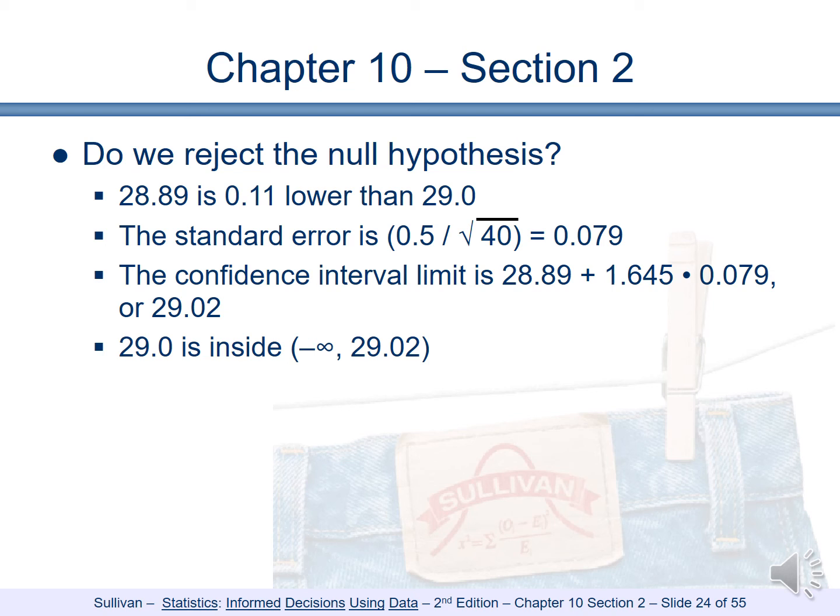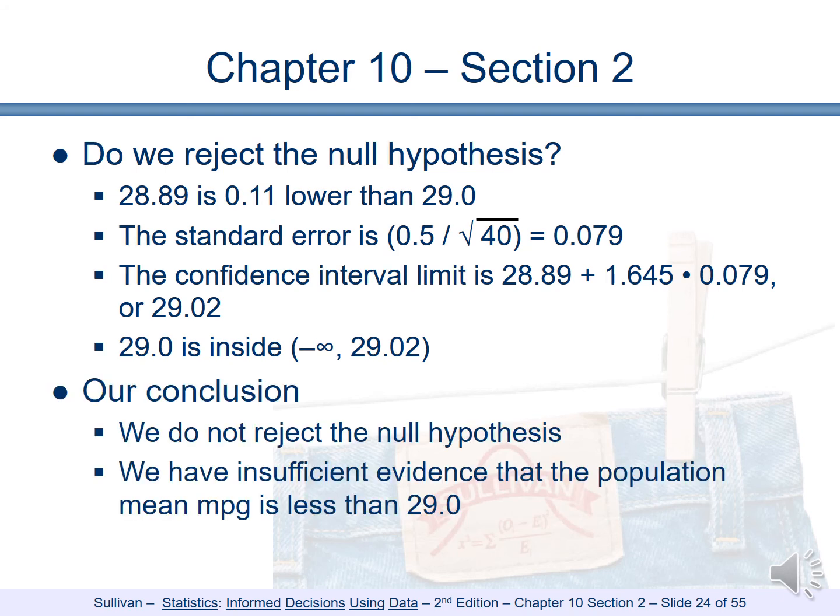We only need the top end because we're doing a left-tailed test. So we only need to know, is it inside our interval? It is inside our interval. So we do not reject the null hypothesis. We have insufficient evidence that the population mean is actually less. It did fall inside, so we failed to reject.